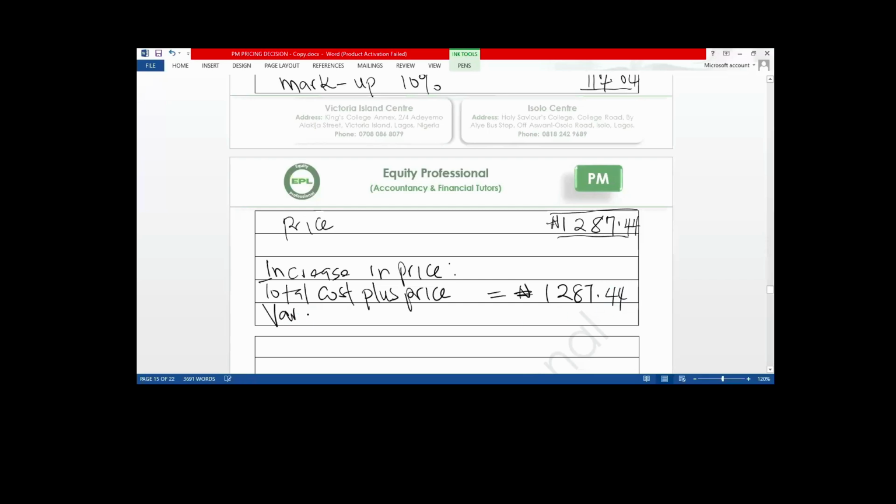For variable cost plus price, we got 1,131.40. What is the difference, please?